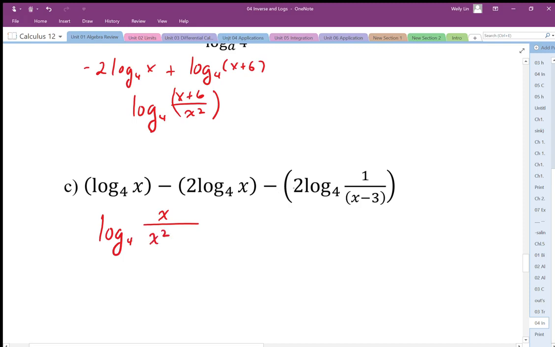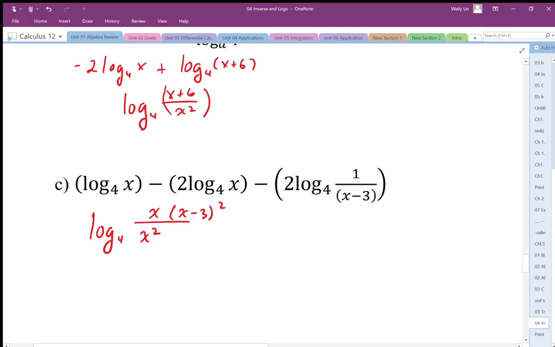Here I'm going to have a negative power on a denominator, so that really should end up in the numerator because that's divide, divide, so that's really going to be times. So it's going to be x minus 3 squared. Then we can probably simplify this. So we get log base 4 of (x minus 3) squared all over x. Okay, so we should simplify when we can.